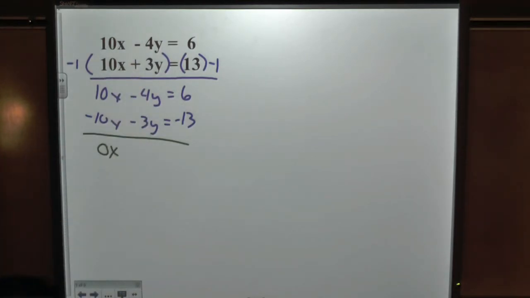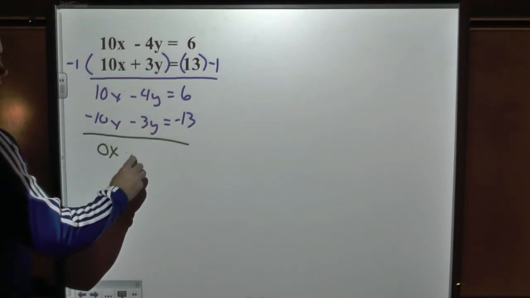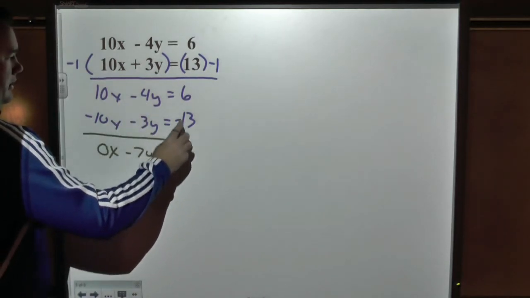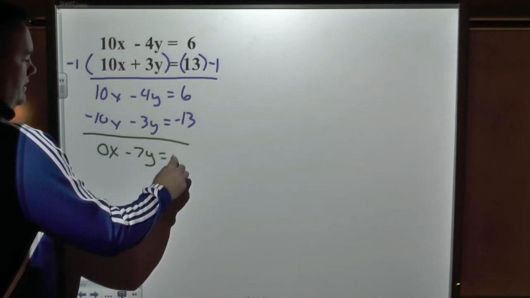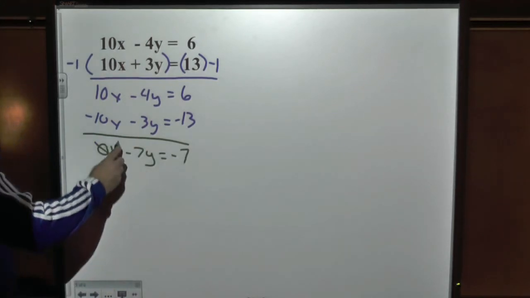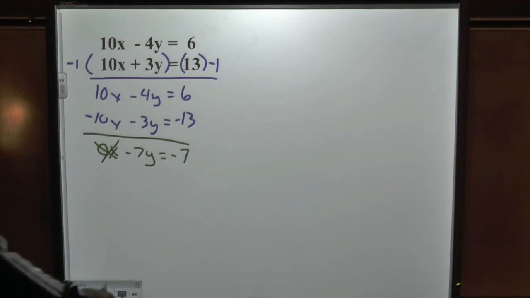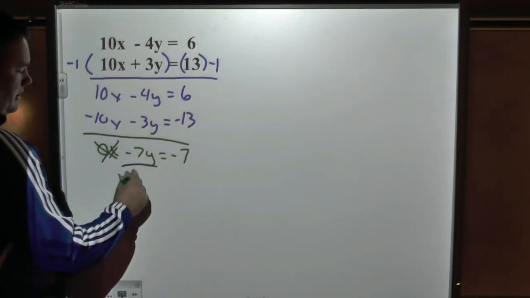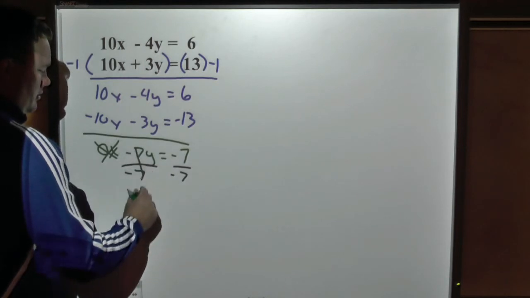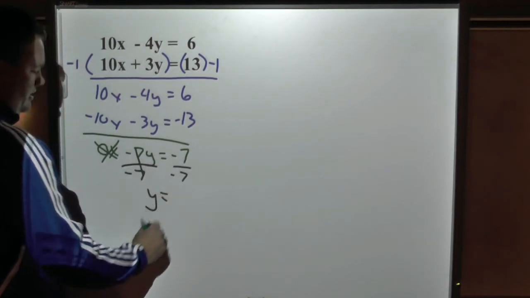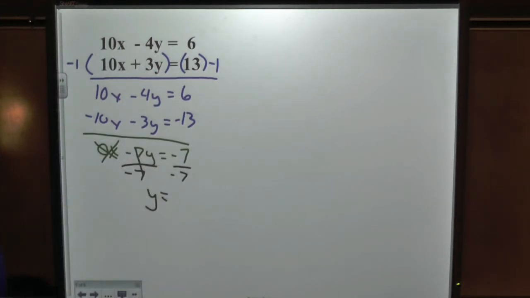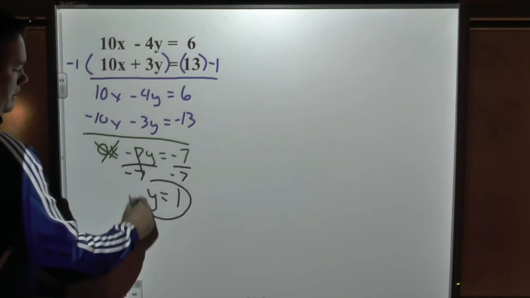We've eliminated x now. Negative 4y and negative 3y is negative 7y, and negative 13 plus 6 gives you a negative 7. X is now gone. So now we can just solve for y. Divide both sides by negative 7. Negative 7 divided by negative 7 is 1 over here. The same on the other side. So the y coordinate is 1.